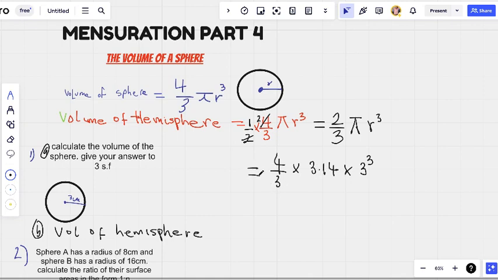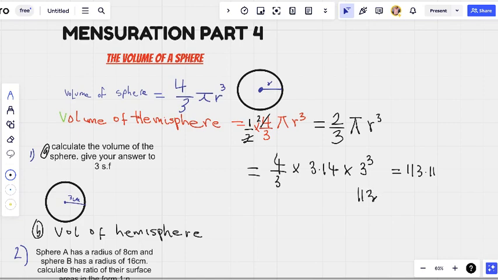So what do we get? 113.1. Because they say to 3 significant figures, which is eventually 113. So here we get 113.11, and if we change our answer to 3 significant figures, then we will get 113 centimeter cube.